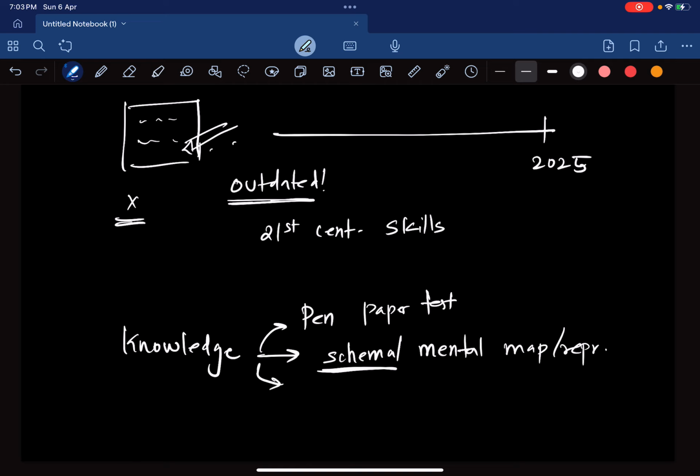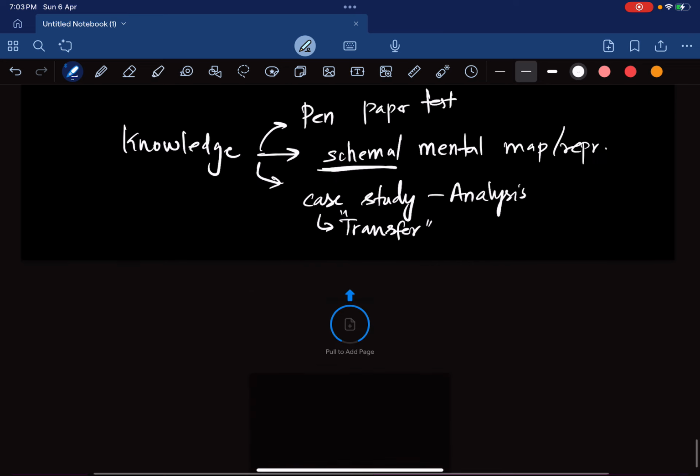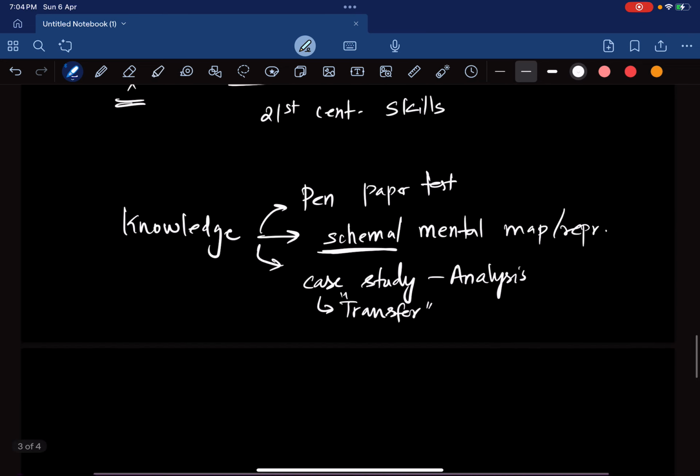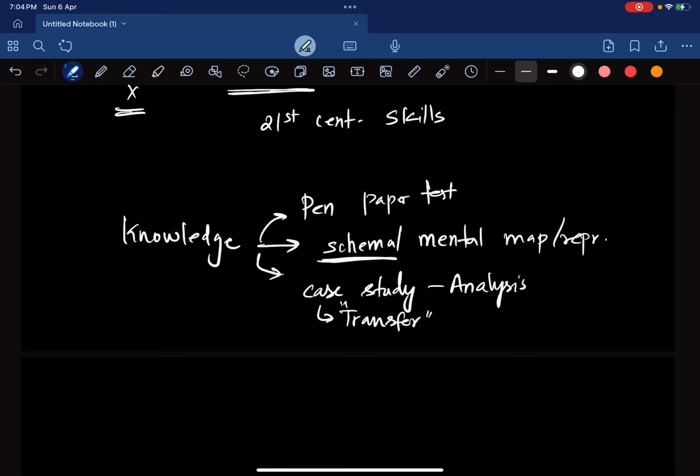Or it could be an analysis of a case study. This talks about the transfer of knowledge. In a minute, I'll relate all this. I'll demonstrate this in the case that I've chosen, addiction, which will make things much clearer.